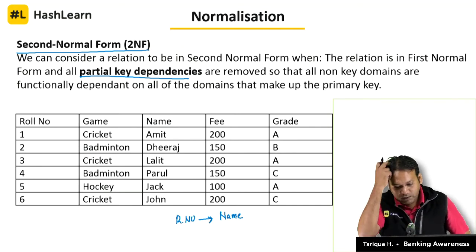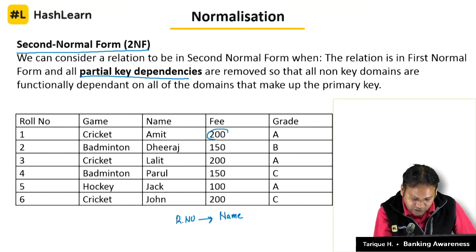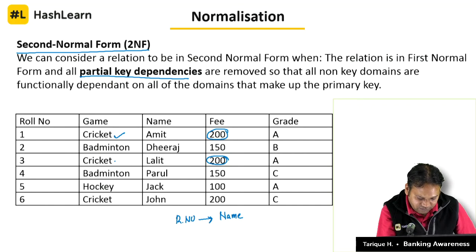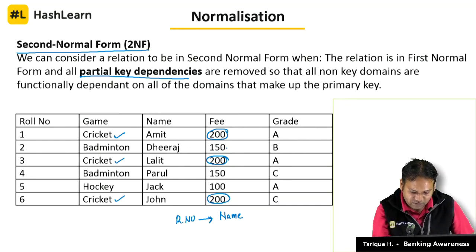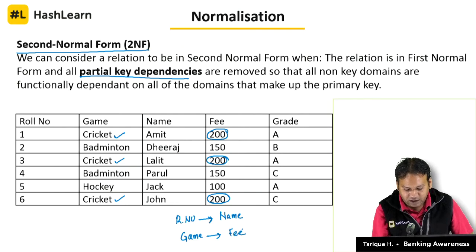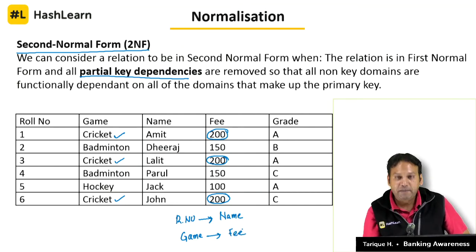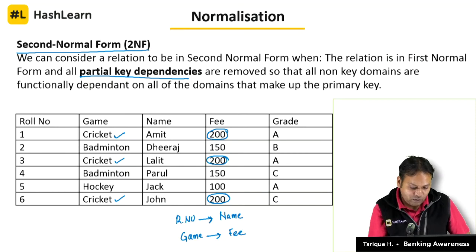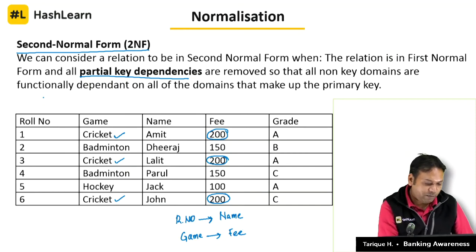But you see, there is one problem here. The fees for cricket is 200. Wherever we have cricket, the fees is 200. And wherever we have badminton, the fees is 150. That means that the game is the one which is defining the fee. So fee is dependent on game, whereas name is dependent on roll number, and roll number is our primary key.